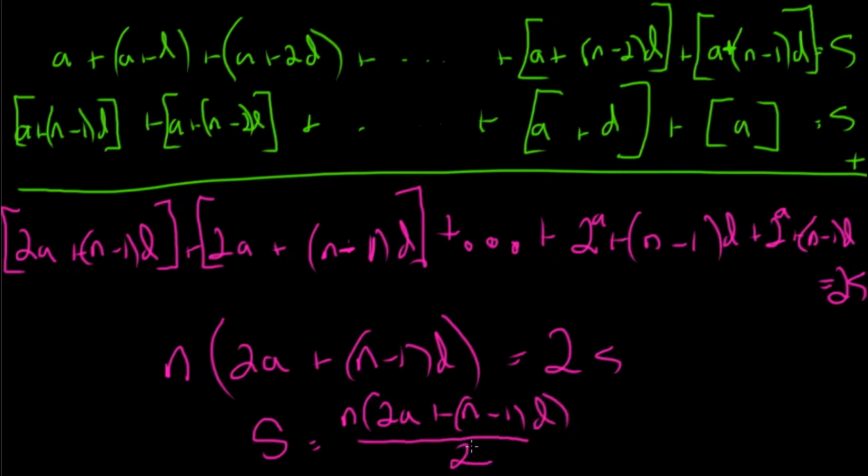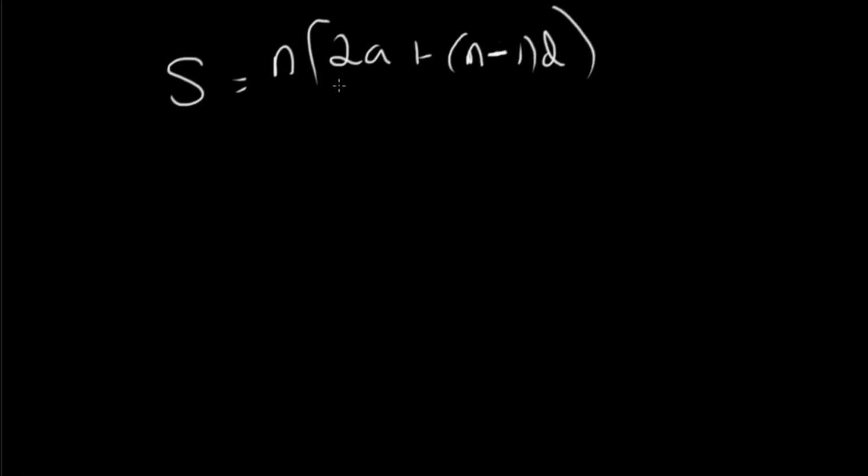This can be cleaned up, if you think about what we got going on here. All right, I'm going to take this to the next page real quick. We have S is equal to n times 2A plus n minus 1 D all over 2.